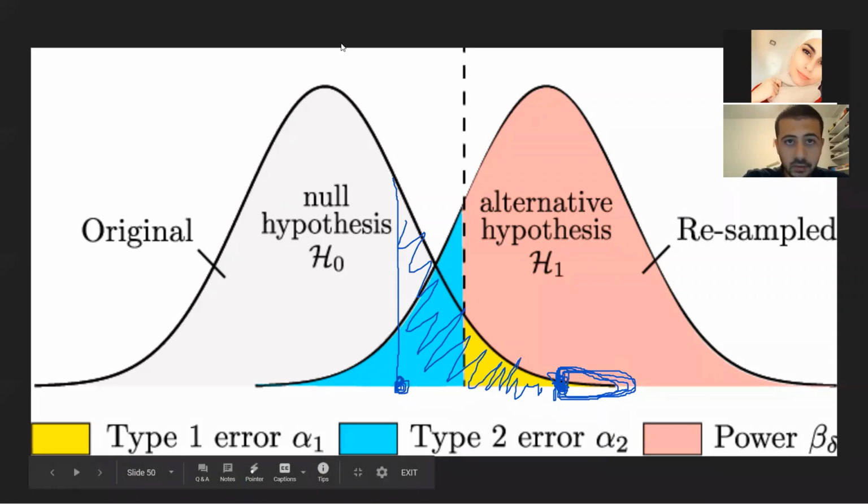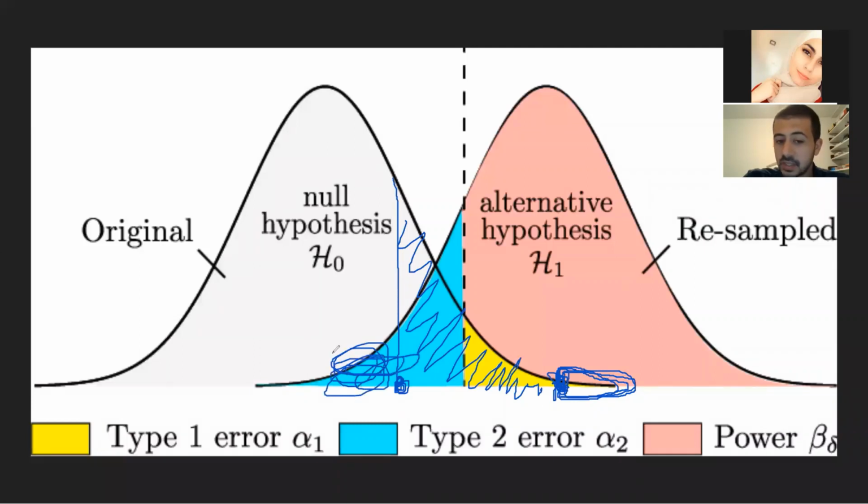You can see here that I have 10% false negative, that I belong to the alternative hypothesis, but I couldn't make it there. So errors are here and here.